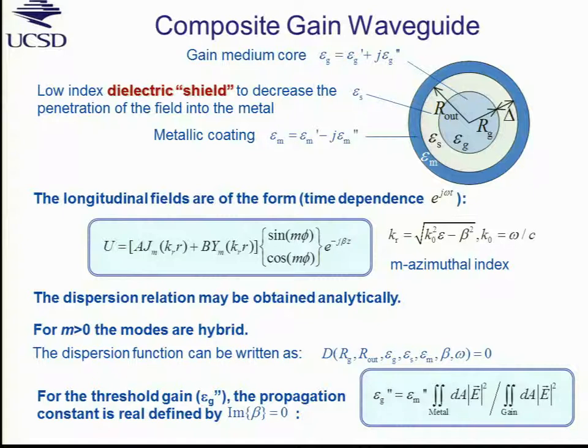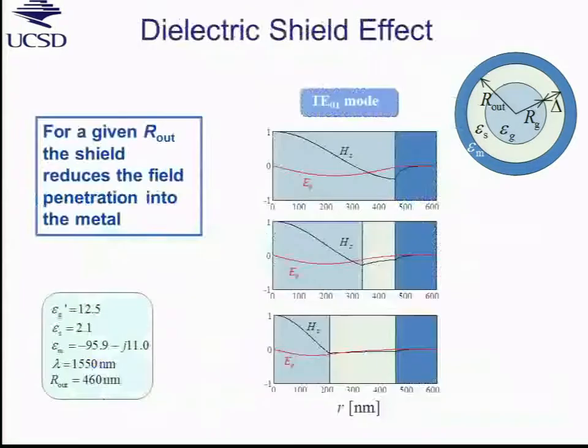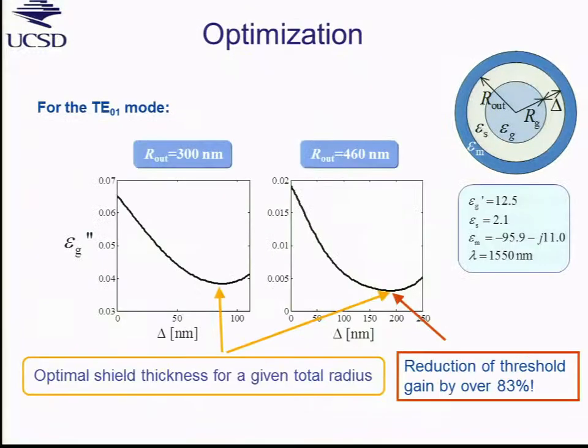And this is a simple relation that the imaginary part of the gain has to be equal to the imaginary part of the losses, normalized by the mode overlap with metal and gain media. So that's one thing, and I'm not going to walk through it, I said it.